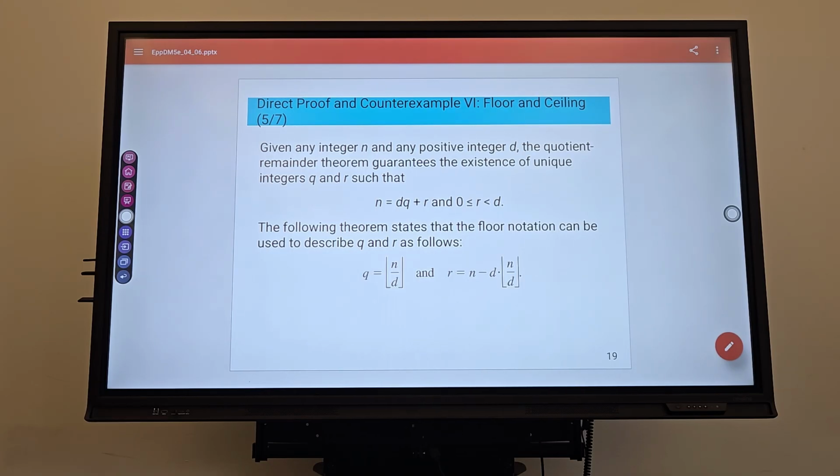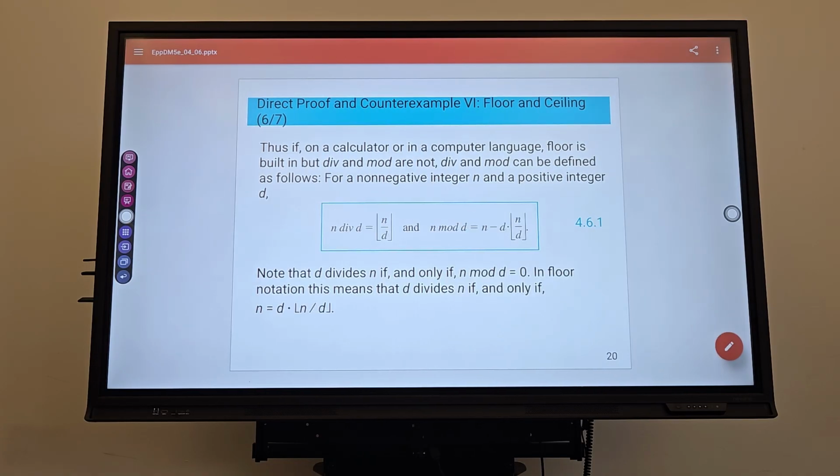So that is another way to express the quotient remainder theorem. Thus, if on a calculator or in a computer language, floor is built in but div and mod are not, div and mod can be defined as follows.